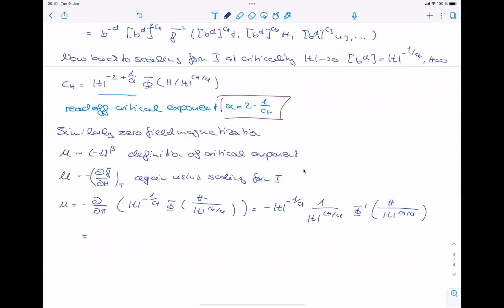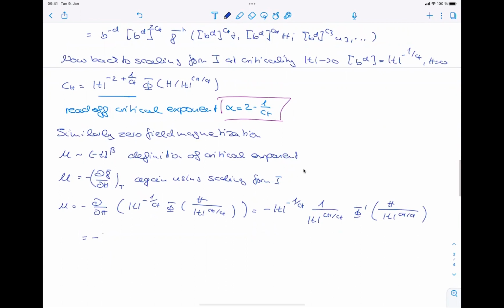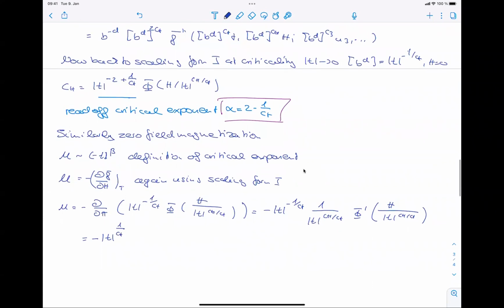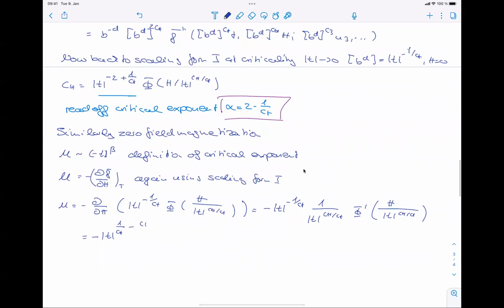And putting those together, we get minus t to the power of 1 over c_t minus c_h over c_t.